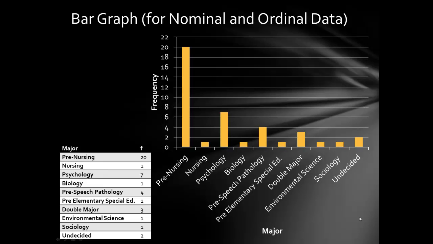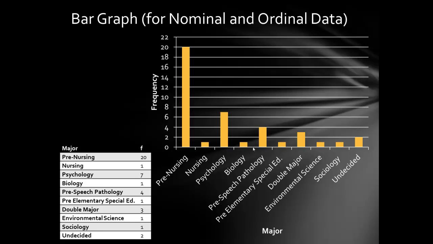And a bar graph looks like this. The height of the bars represent the frequency for each different category, and the bars do not touch. So for a nominal scale, this space in between each bar just emphasizes that the scale consists of separate and distinct categories.